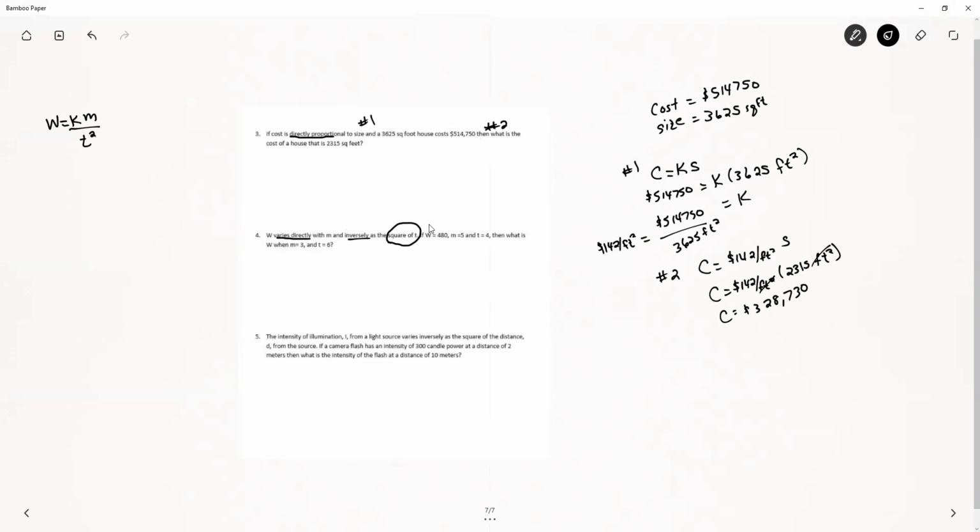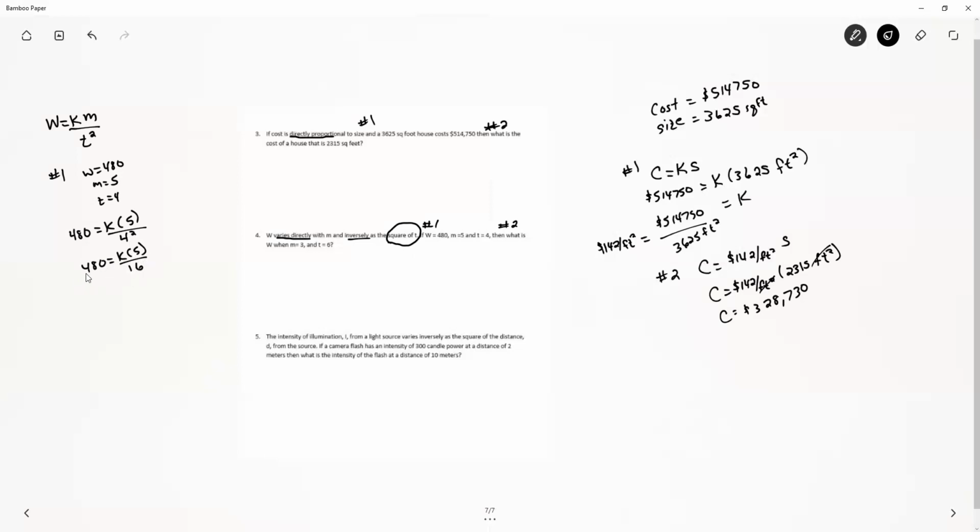Now part 1 says if W is 480, M is 5, T is 4, then, so that's part 2. So let's do part 1 first. So 480 is equal to K times M over T squared. So we have 480 is equal to K times 5 over 4 squared. 4 squared is 16.